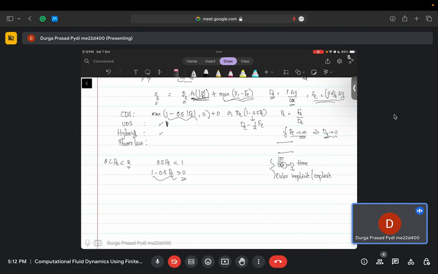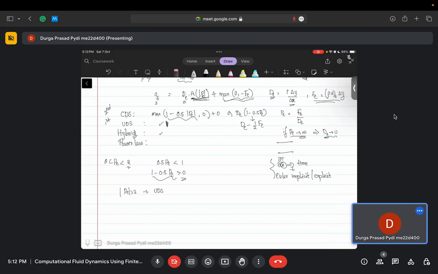In the hybrid scheme, it will be slightly different. The idea here is that CDS is a second order accurate scheme and UDS is a first order accurate scheme. So what the hybrid method does is switch between first and second order depending on the value of your cell Peclet number. If the modulus of Peclet number is greater than 2, it will assume UDS.